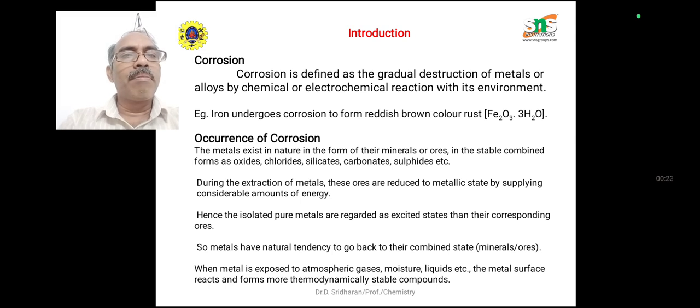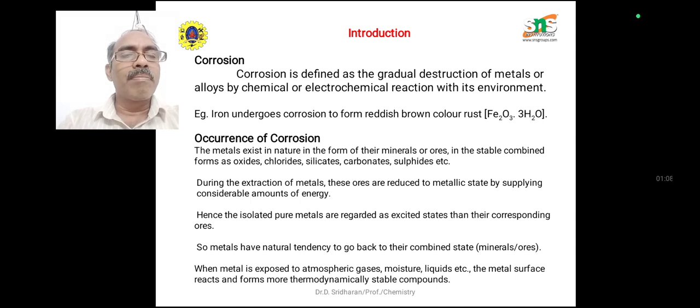Chemical corrosion is due to oxygen, hydrogen, and liquid metal corrosion, whereas electrochemical corrosion happens in an aqueous medium, for example, hydrochloric acid, sulfuric acid, and related aqueous media. For example, iron undergoes corrosion to form reddish brown rust. Rust formation happens in many places because of chemical or electrochemical corrosion.